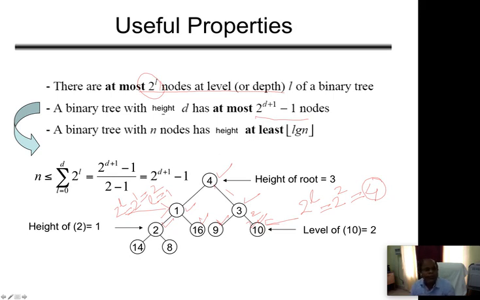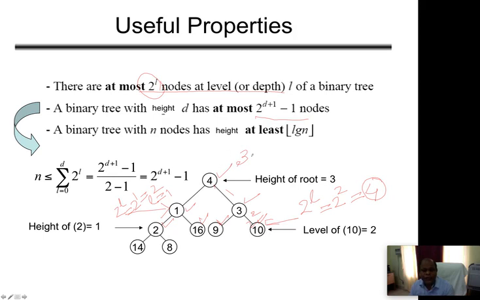How can you see that? Suppose there are n nodes. In each level, how many nodes are there? In this case, what is the height of this node? The height of this node is 3.